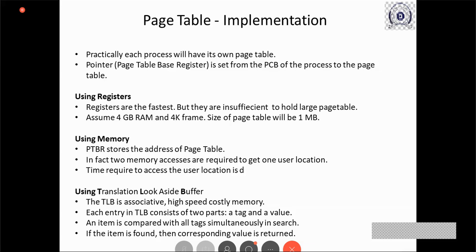To fetch an instruction, the CPU will first generate the logical address, and from there you take the page number and access the page table in memory, get the frame number, form the physical address, then use that physical address to access the memory once again to get the instruction. So the fetch of an instruction takes 2 memory accesses, which will reduce the speed of execution by half.